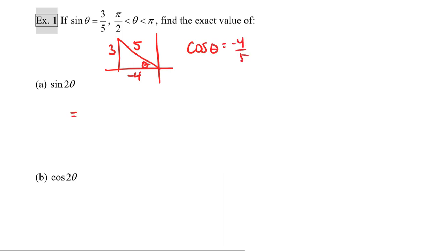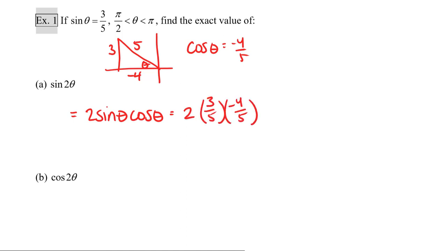So I know the formula for sine 2 theta is 2 sine theta cosine theta, or 2 times 3/5 times -4/5, which is equal to -24/25. Part B, cosine 2 theta. Well, I can use one of 3 formulas.